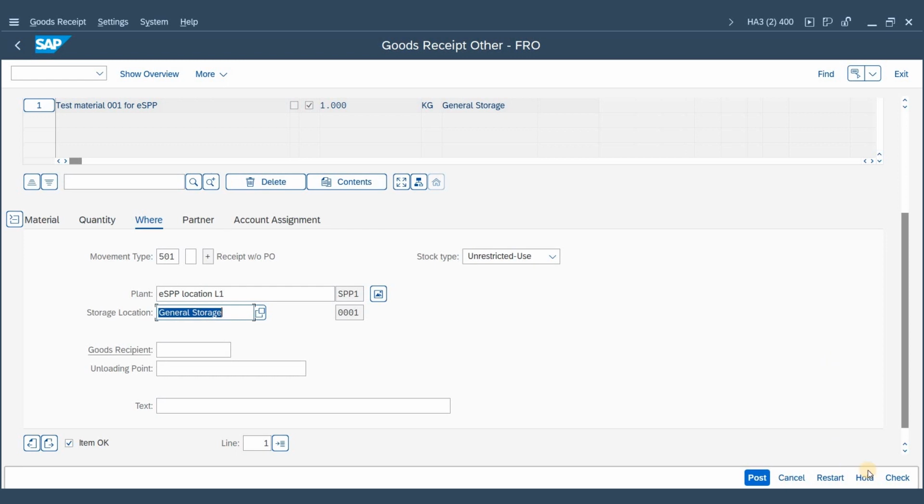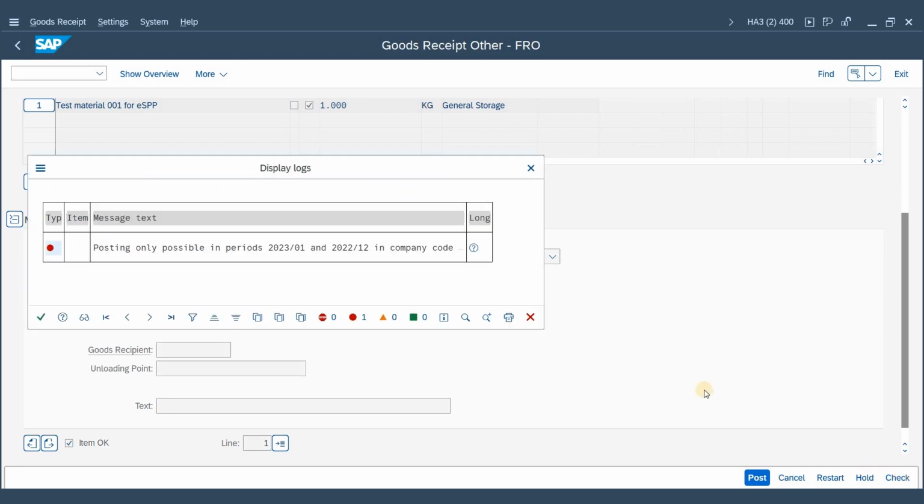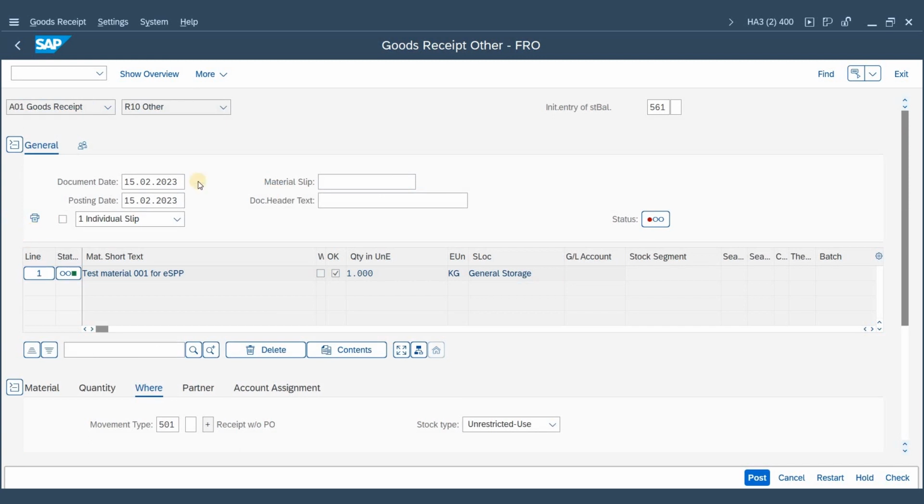Okay, we check. We see posting is not possible in that period, so therefore, before we close periods now, we are just using some other periods, and now we post the goods receipt.